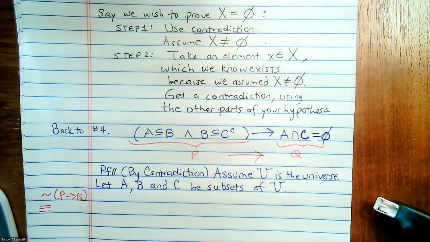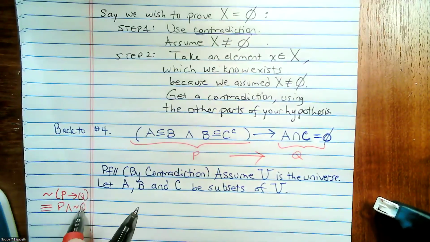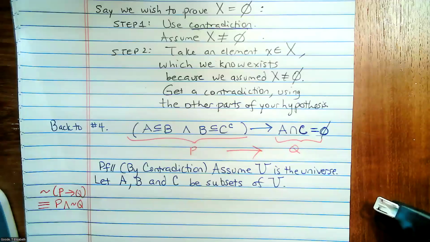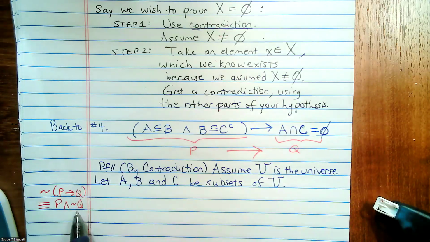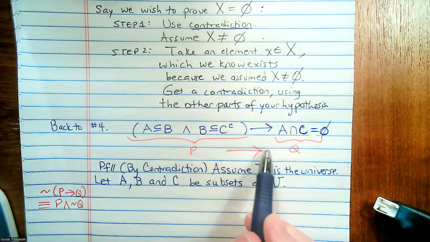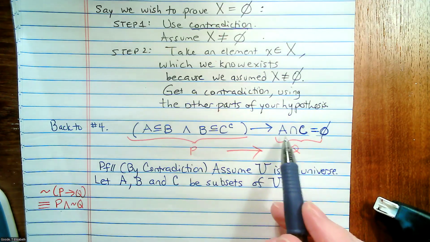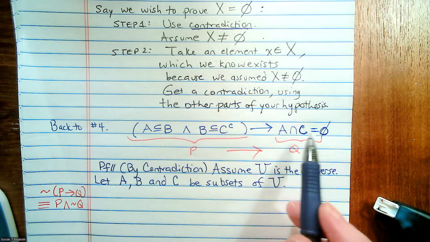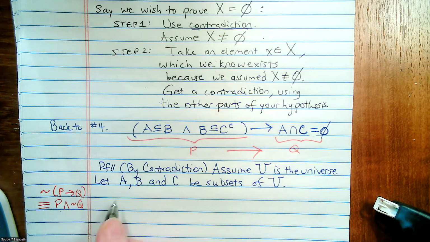So we're going to assume P and not Q. Do you remember that that is the negation of if P then Q? Yes. So we'll assume P and we'll assume the negation. The negation of A intersects C is equal to the empty set will be that A intersects C is not equal to the empty set.